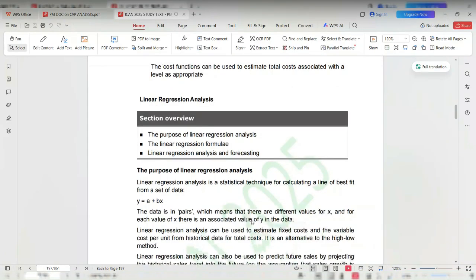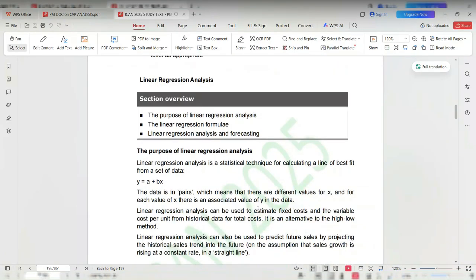All right. We can also use linear regression analysis. We said the other time that we can use scatter diagram to separate cost. We can use high and low method. We can use engineering method. We can use account analysis method, and we can use regression analysis.